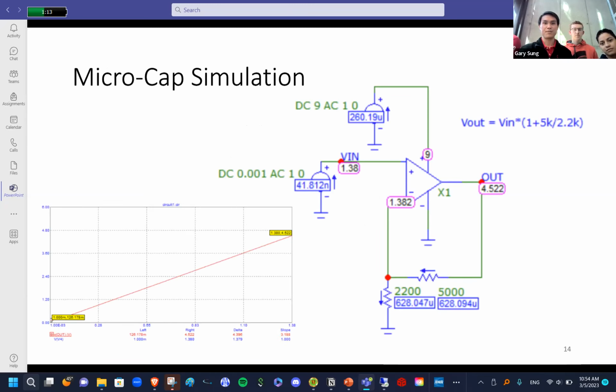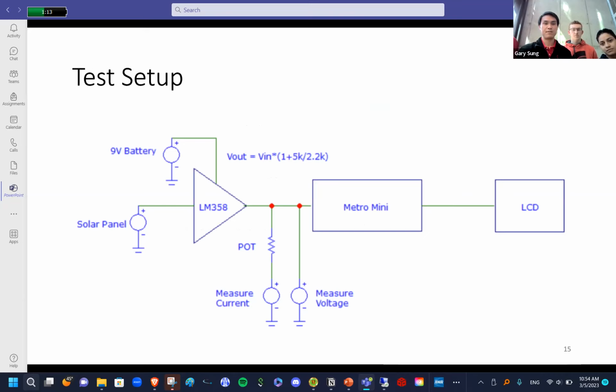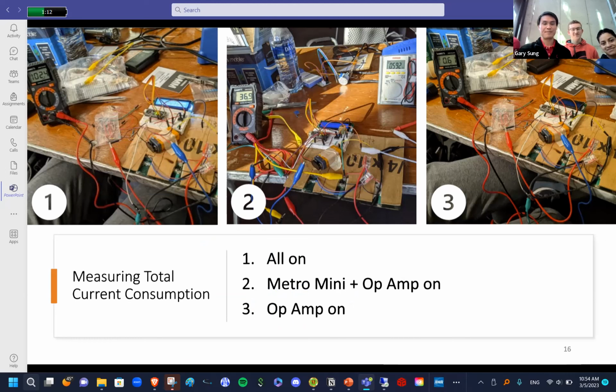Here's the simulation that we ran. Here's a schematic showing this.